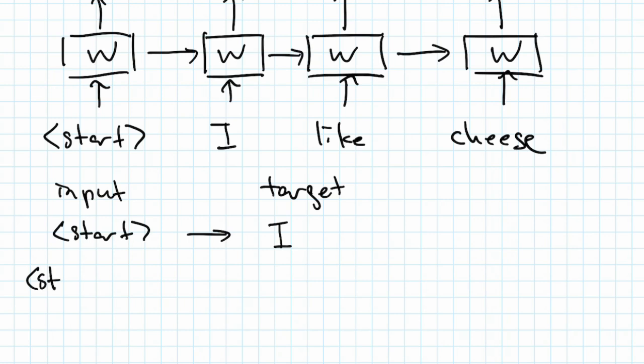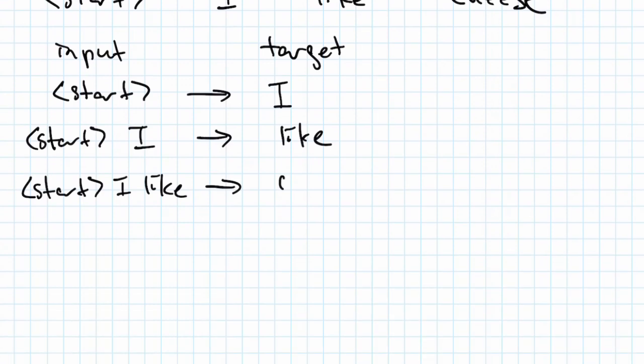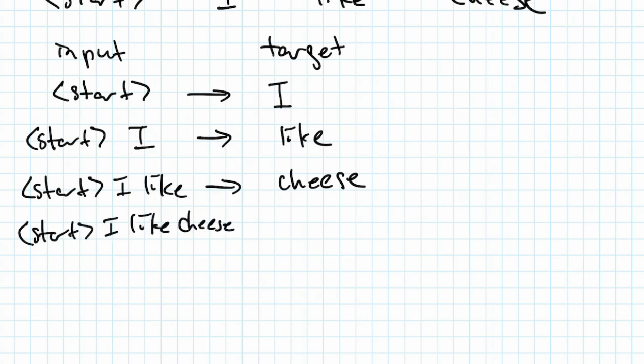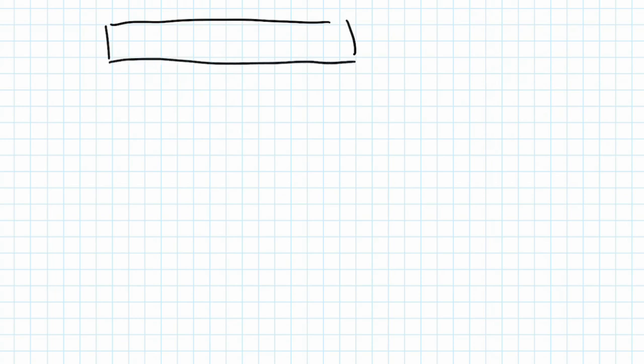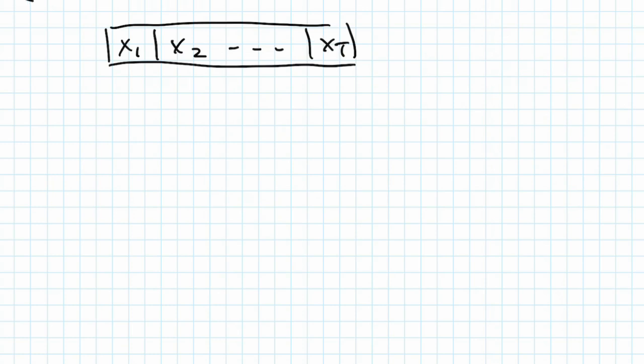And then we have start I, and we want to predict like. And then we have start I like, and we want to predict cheese. And then we have start I like cheese, and we want to predict end. Okay, so in general, for any sentence where it's say x1, x2, up to xt, we need to make all these different samples.